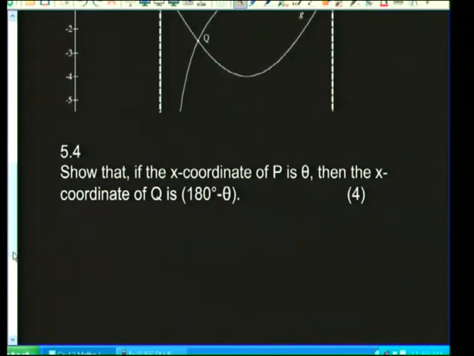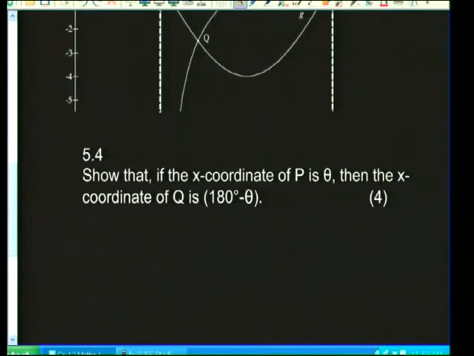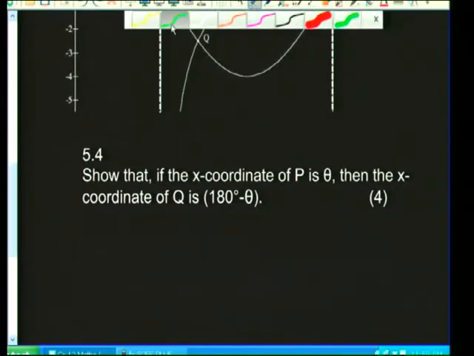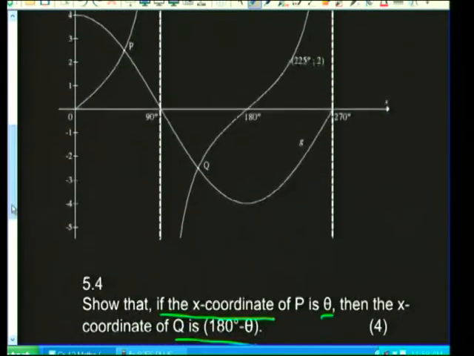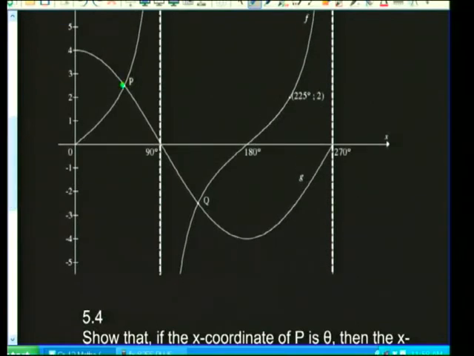Let's go on to the next question. 5.4 says, show that if the x-coordinate of P is theta, then the x-coordinate of Q is 180 minus theta. Now if we go up here, P and Q are your points of intersection.